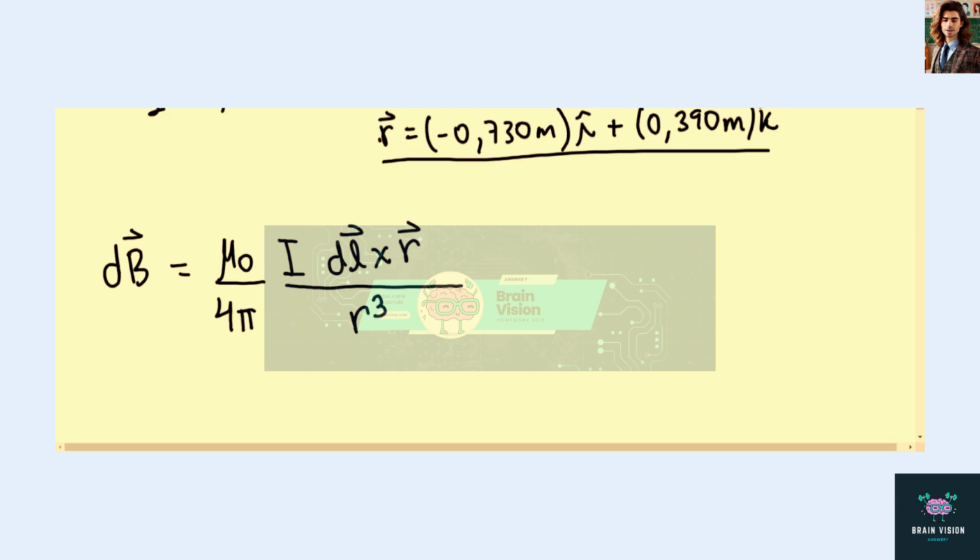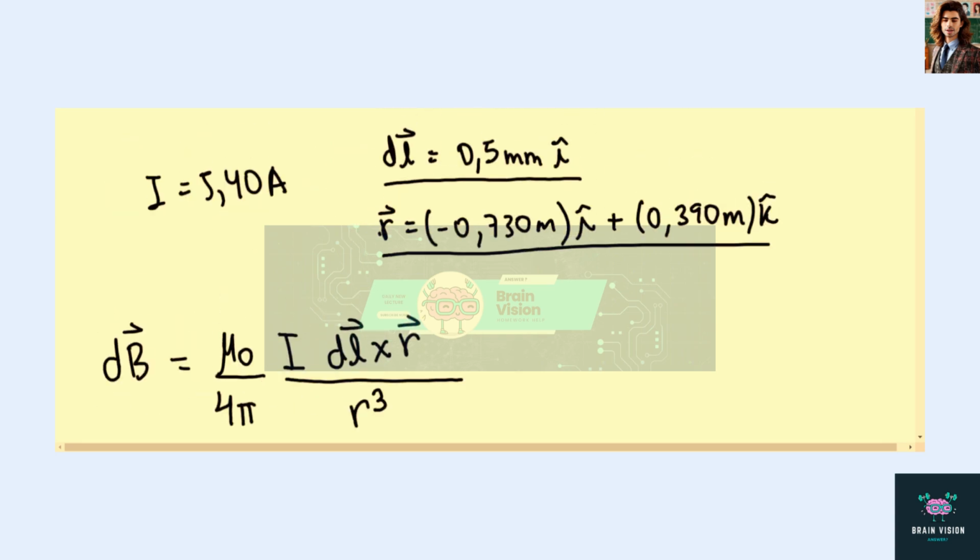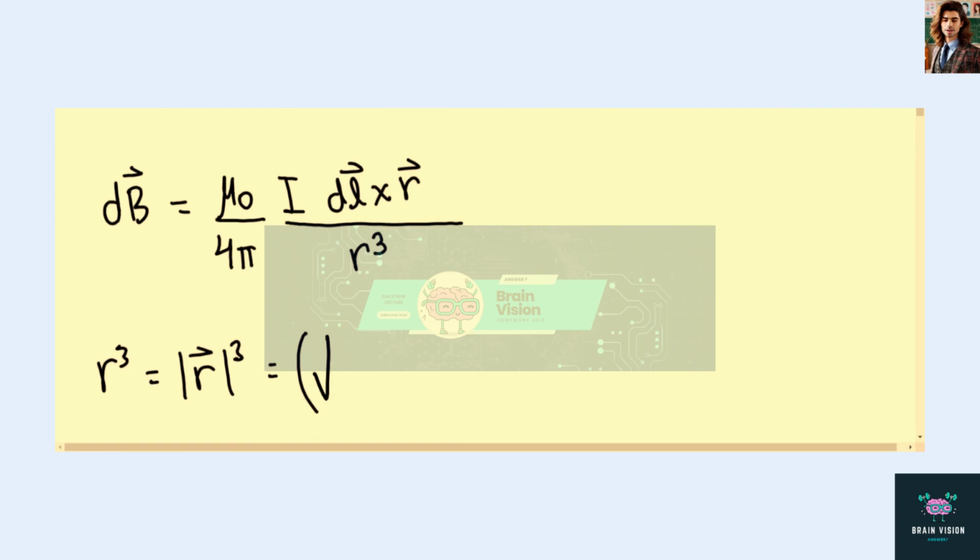So the first thing that we can determine in this is the distance cube, that will be that r cube is just the magnitude of the vector r to the cube. So we are going to do that. We know that the magnitude of the vector r is just the square root of the sum of the square of each component.